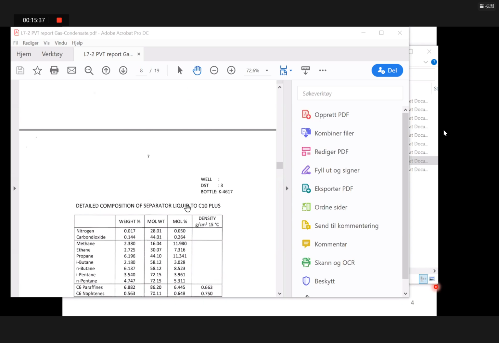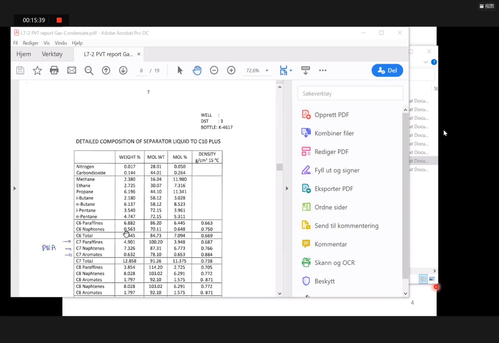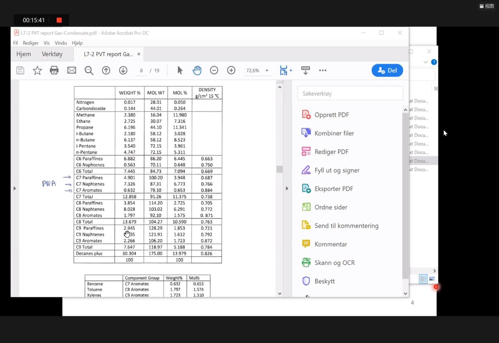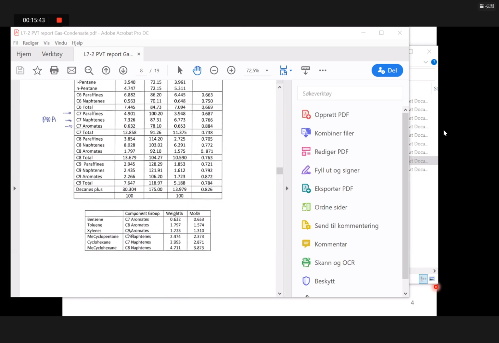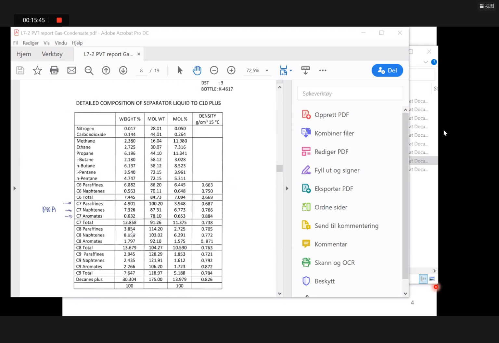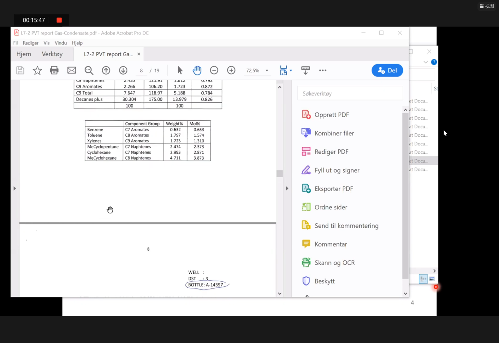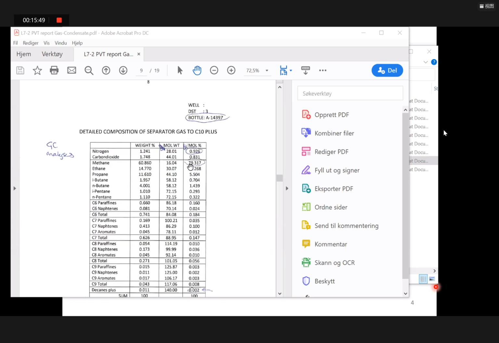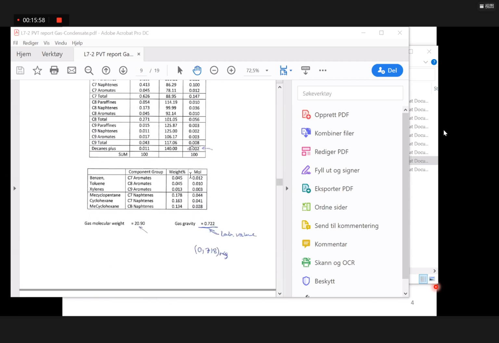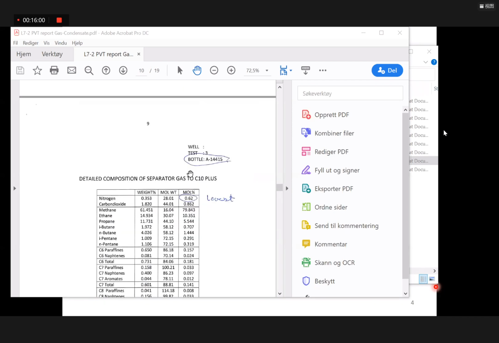On a more detailed composition of the fluid, up to C10 and up to... and this is the detailed composition of the separator gas taken from the bottle from the separator. Yeah, up to C10 plus.